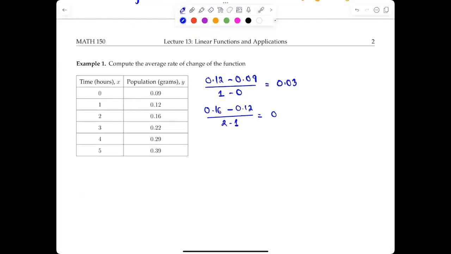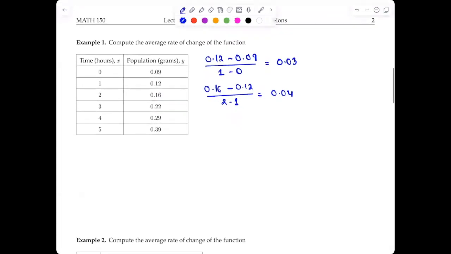This gives you 0.04. So just by these two values, you see that the average rate of change is not the same. But let's continue calculating a few more values to see what happens.